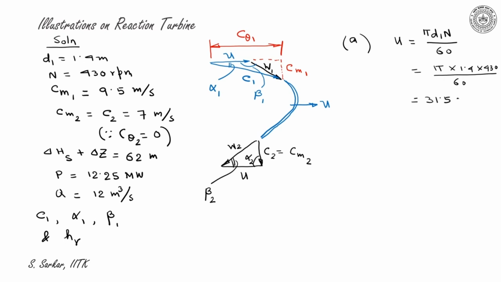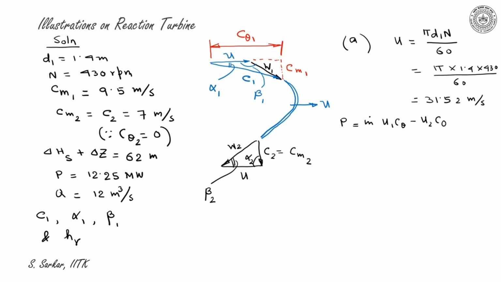So I can write rho Q u1 into c theta 1. Now u1 I have evaluated 31.52, and expression for P is given.